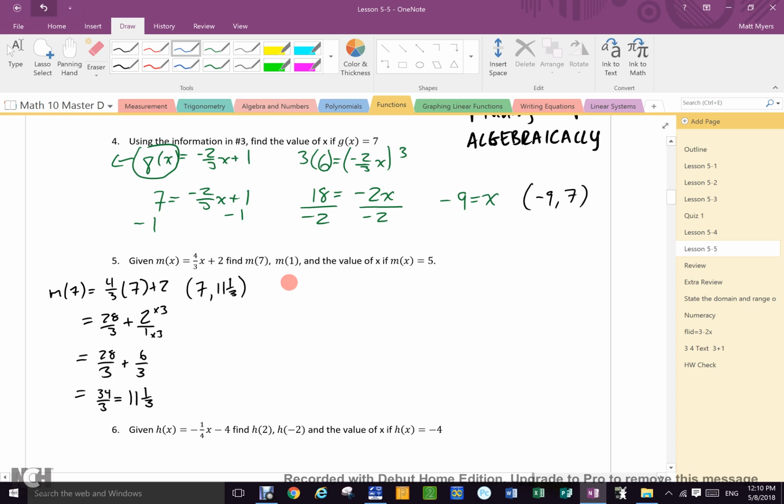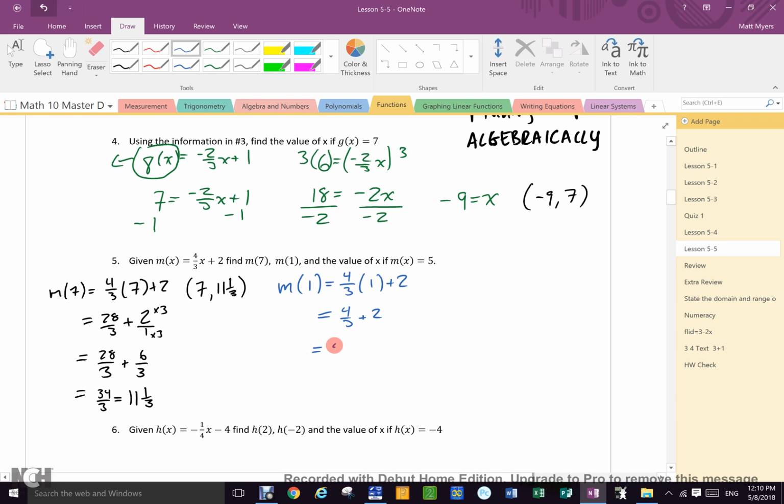Let's do the next one. What is my next m? M of what? 1. So what do I write? 4 thirds times 1 plus 2. What's 4 thirds times 1? 4 thirds plus 2. But 2 isn't what we want.